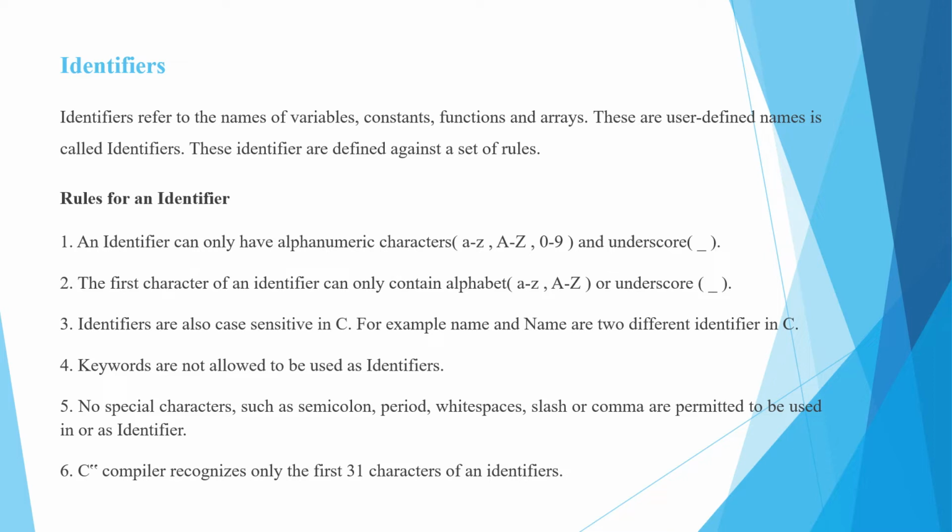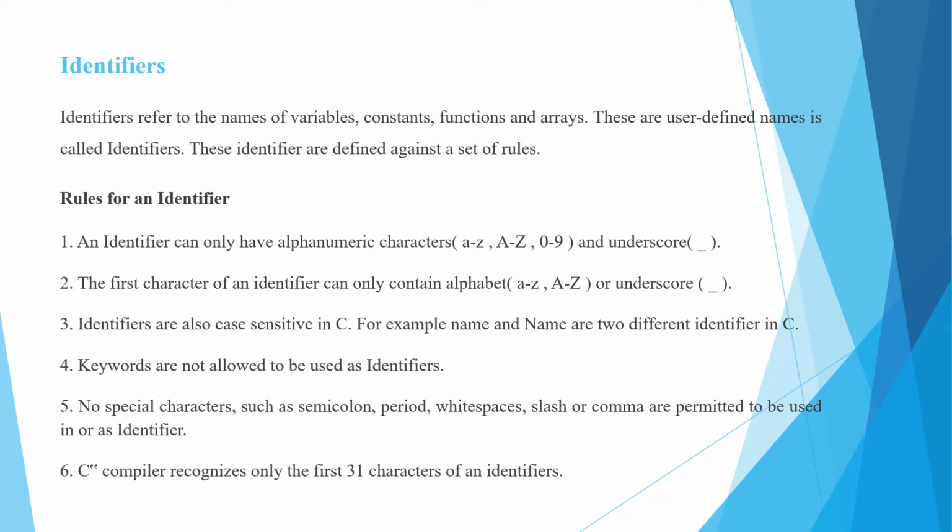These identifiers are defined according to a set of rules. So this is the definition of an identifier: identifiers refer to the names of variables, constants, functions, and arrays. These are all user-defined names, and we call them identifiers.